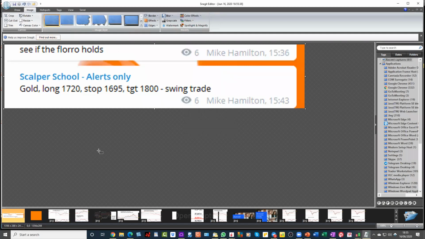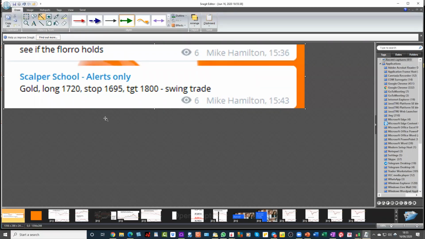Okay, so today I went long the gold at 1720. Stop 1695, target 1800. On this particular one, I give a swing trade position out once or twice a day, because I am telling everybody what I'm trading on stocks as well.